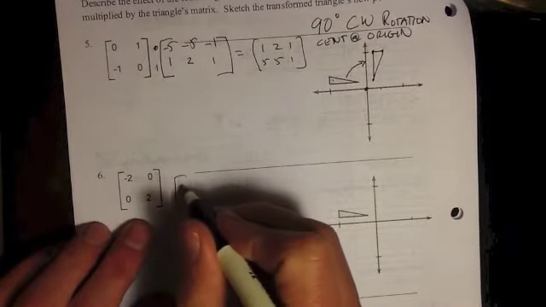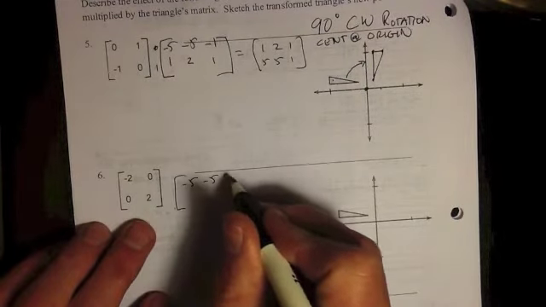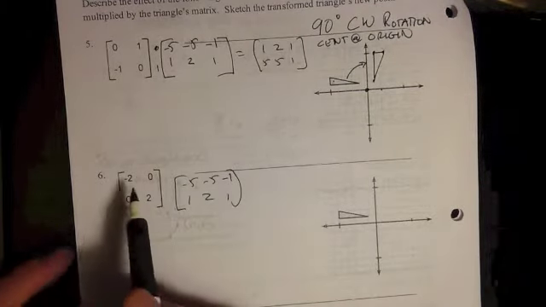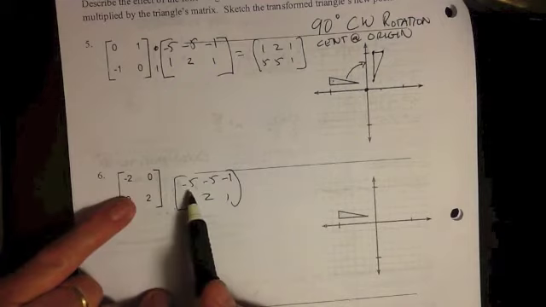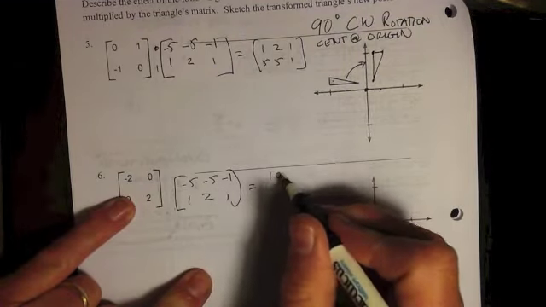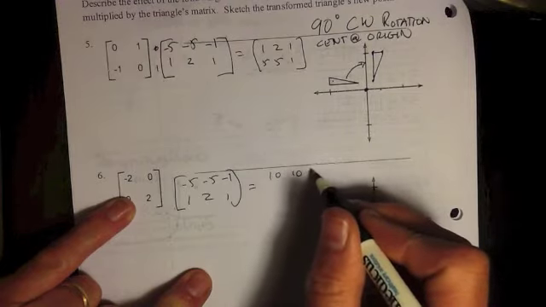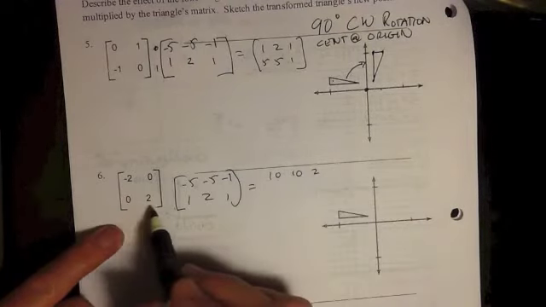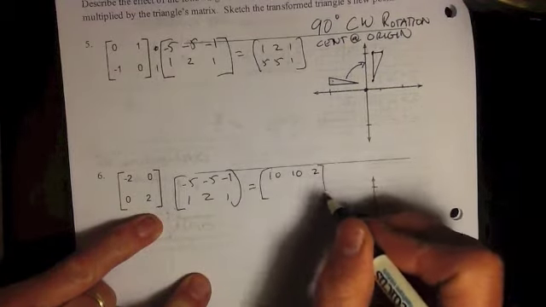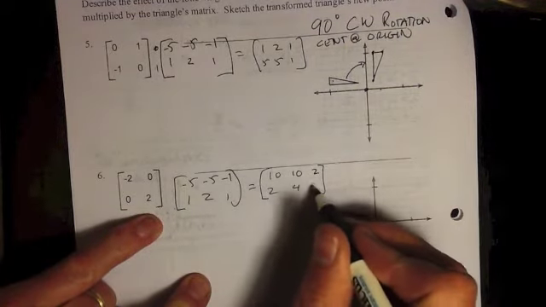All right, so this one, same idea. If I take that -5, -5, -1, and 1, 2, 1, and I multiply it, it's going to take these top numbers and switch all of their signs and make them twice as big. So it's going to be 10, 10, and 2. And then it's going to take these bottom numbers and make them all twice as big, but not switch their sign. So 2, 4, 2.